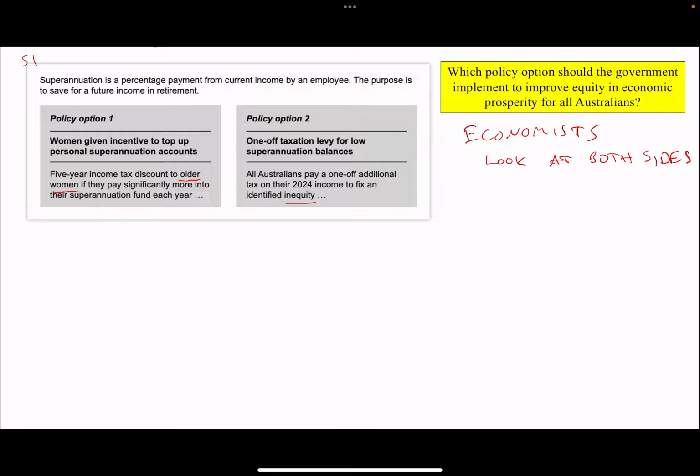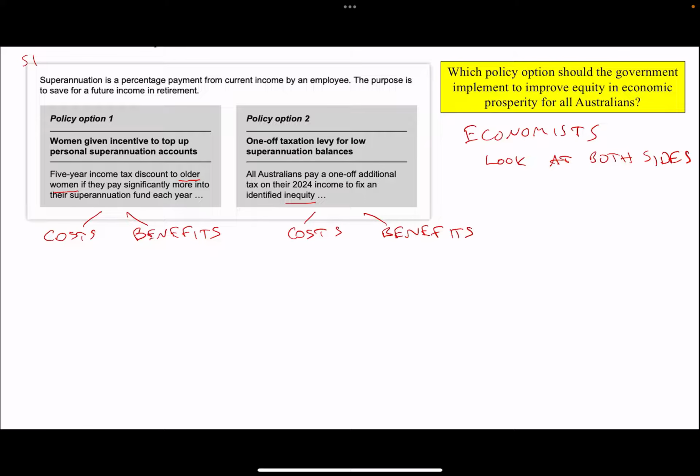I would recommend that always, when you get these ones with two options, knowing how the QCAA likes you to do this, is think about the costs of this policy as well as the benefits of this policy. Before you argue one is better than the other, make sure you identify a cost or a benefit of both.